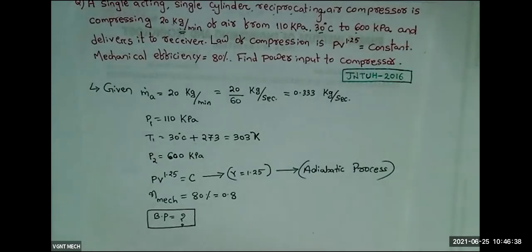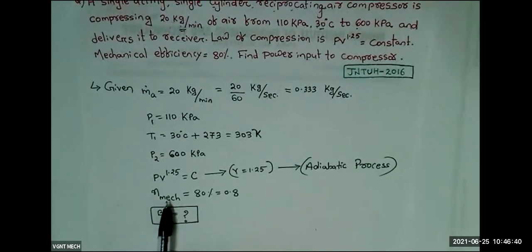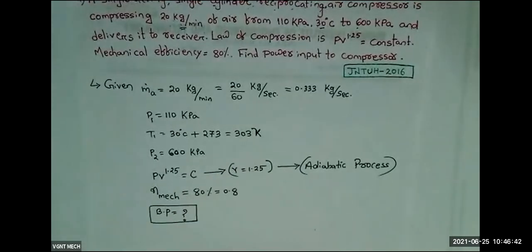Now how to calculate? First we will write the formula of mechanical efficiency. Mechanical efficiency, eta m, equal to indicated power, that is output power, divided by brake power into 100.